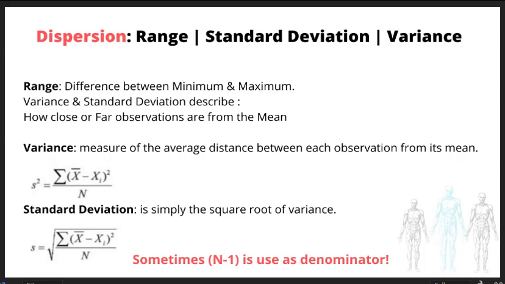As I said, standard deviation is nothing but the square root of variance, as you can see in this formula, and n minus 1, where n is the number of observations. If you see an example, it would be clear, and n minus 1 is used in the denominator.